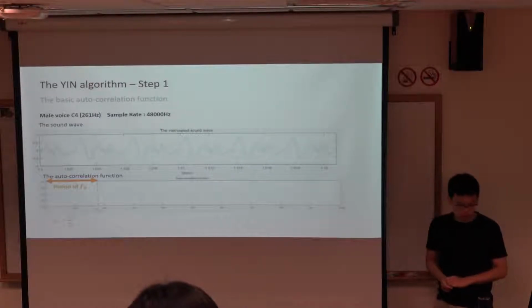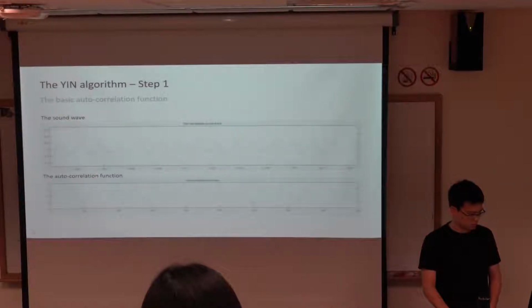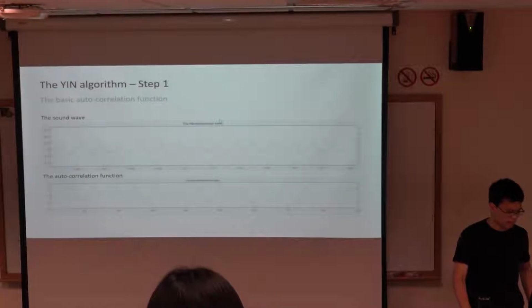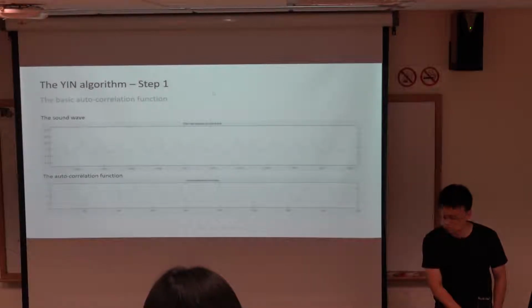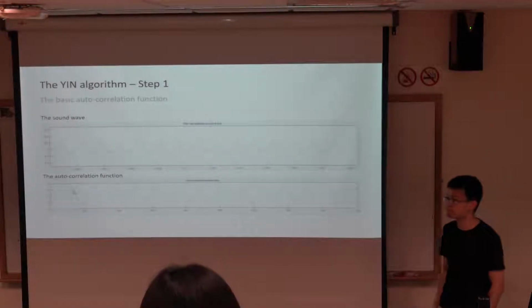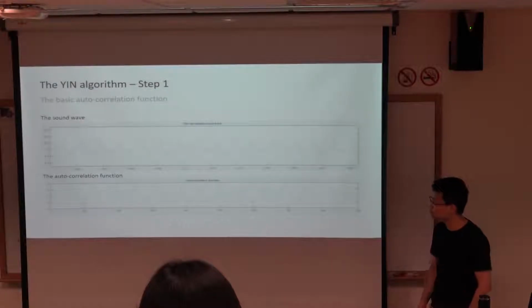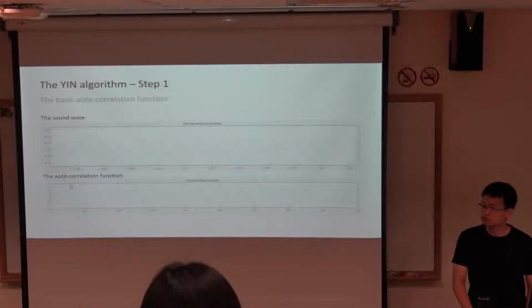However, let's look at another example. This is another sound wave. It oscillates not very perfectly, but we can still find the first peak to detect the fundamental frequency. This is actually the peak we want to find.